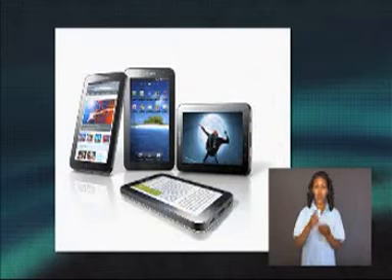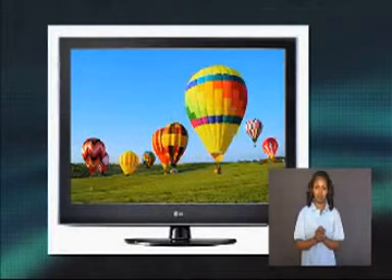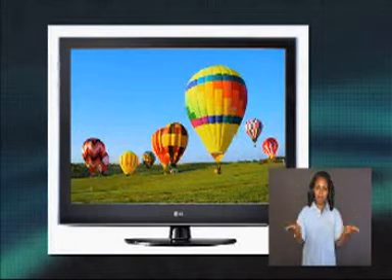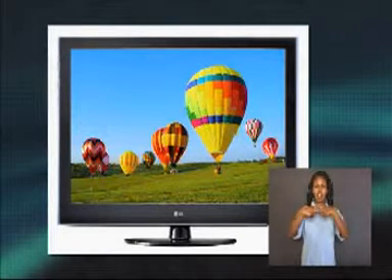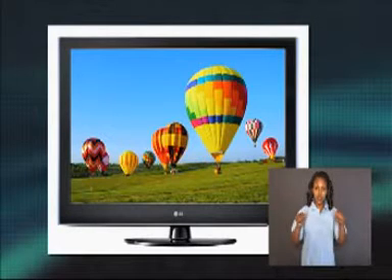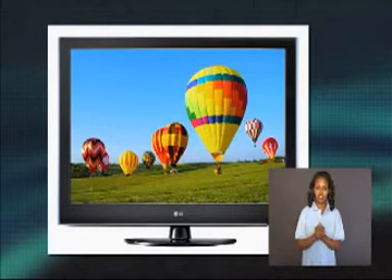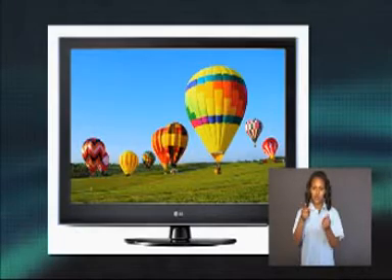So are computers. A plasma television also uses electronics. Without electronics, I would not be talking to you right now.